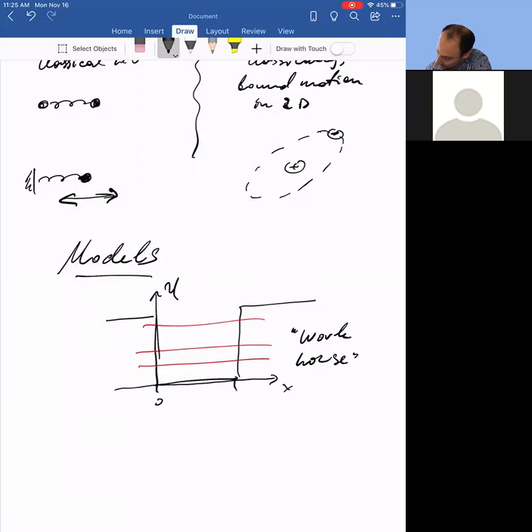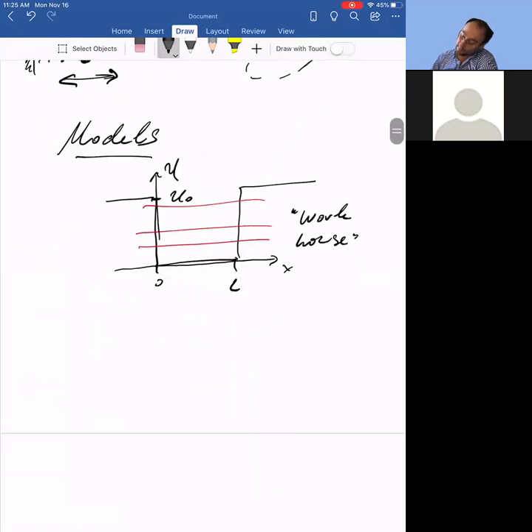So we had a setup that looks like this, right? So this was 0, this was L, this was U naught, right? And I even mentioned that, well, it's a model, but you can actually construct a physical system like that in the lab by having two capacitors that prevent a charge from escaping, right?